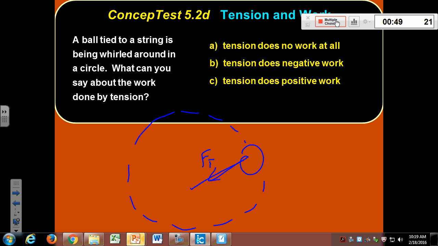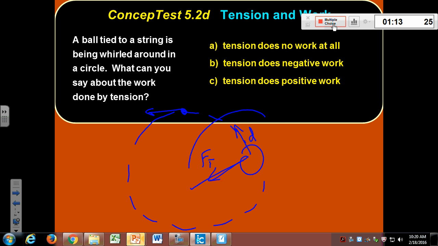Okay, we're about half and half, slightly less than half and half. What is the direction of the displacement? At each point, the displacement actually changes, right? But at each instant, my displacement is going to be in this direction. Up at this point, for example, it'll be in that direction.